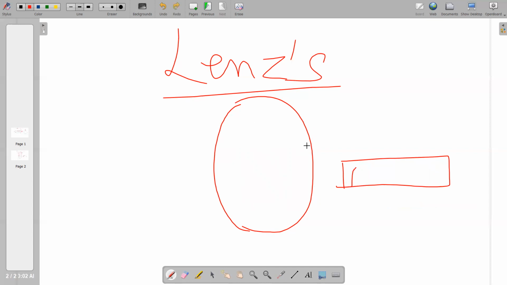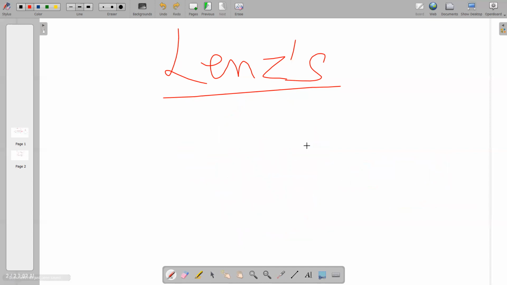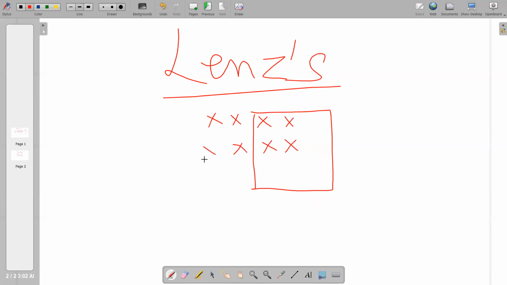Now let's see. I have a square shaped coil, and magnetic fields are marked like this. Do you remember what the cross magnetic field means? It is going into the plane.